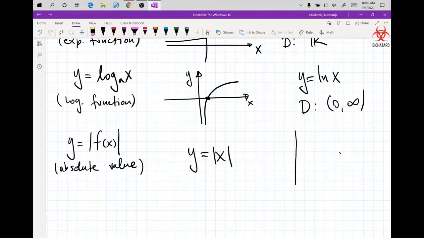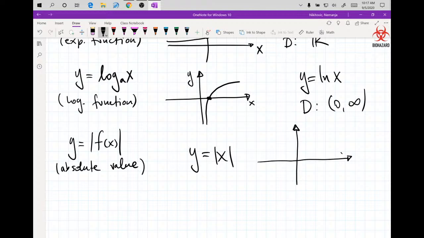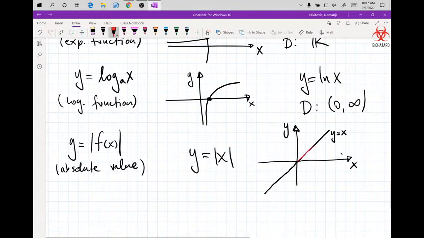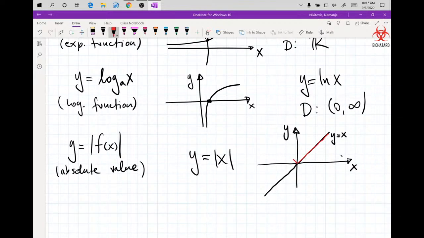I can't draw at an angle over here, so I have to rearrange my desk, I guess. There we go. Now I'm going to draw a function and then erase a piece. There we go. So this is your function y equals x. Here is this piece that stays the same, and the other one gets reflected up because it's below the x-axis where the negative y values are.